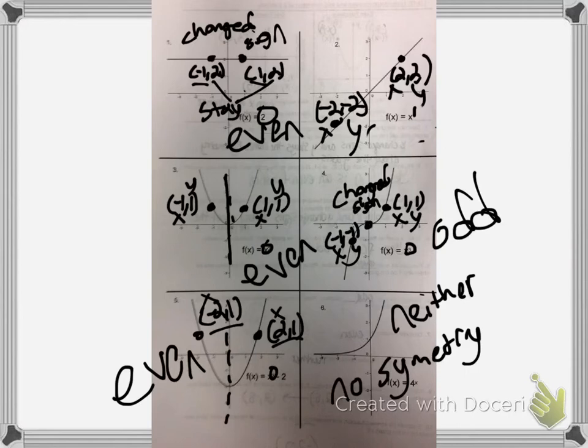Now the next one is neither. There's no symmetry here. I cannot rotate this graph about my origin and it become the same graph.